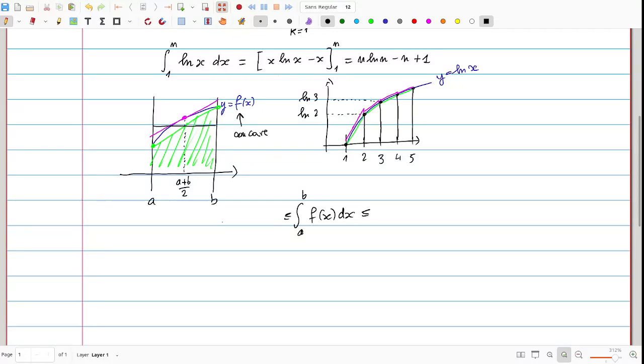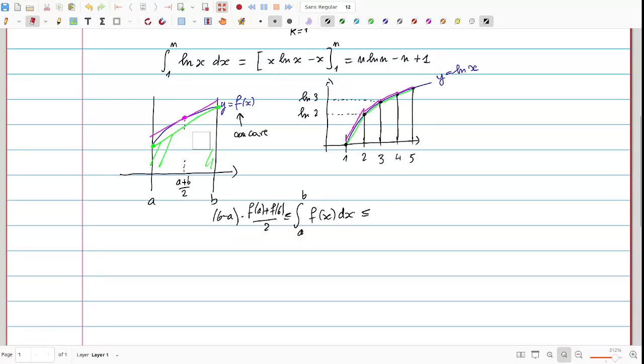So this is equal to b minus a times the average, f of a plus f of b divided by 2. This is the green area.